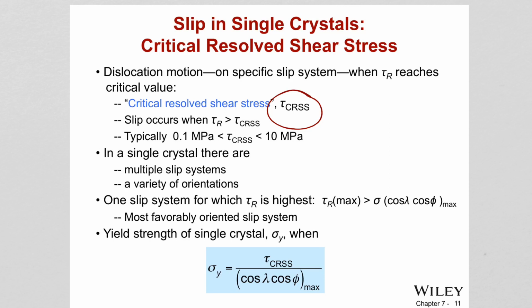We call it the maximum resolved shear stress. Those are the most favorably oriented slip systems, because this highest value of shear is achieved based on those angles, lambda and phi. Based on that, the shear will have the highest value.